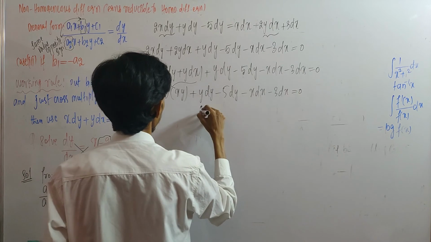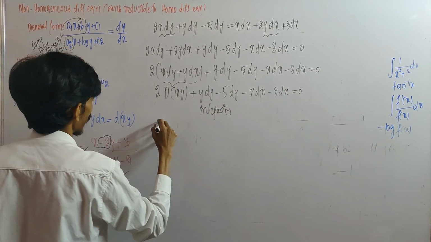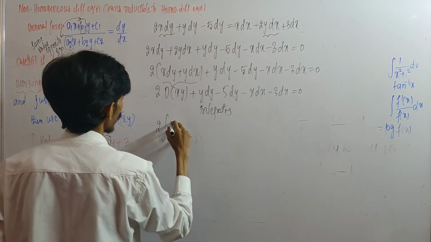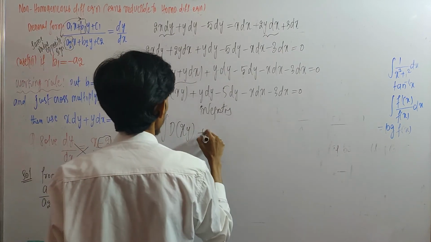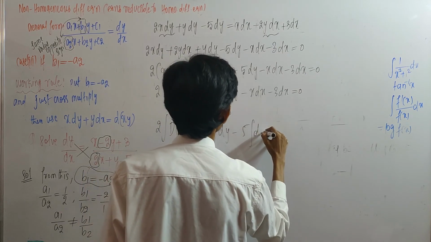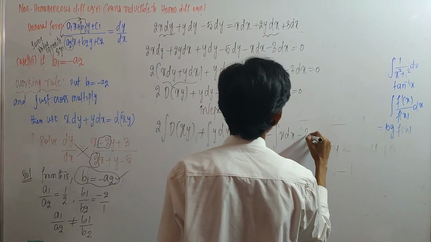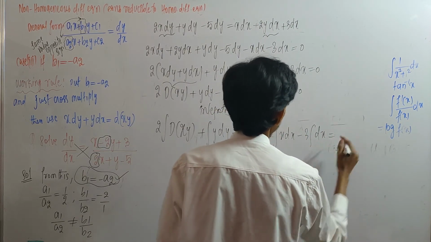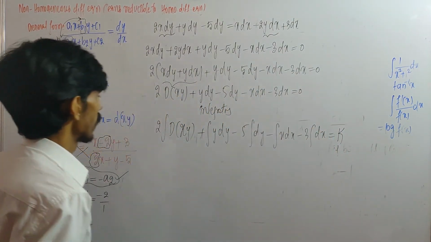Now integrate both sides. Here I'll get 2 into integration of derivative of xy, plus integration of y dy, minus 5 integration of dy, minus integration of x dx, minus 3 integration of dx, equal to a constant, since integration of 0 is a constant.